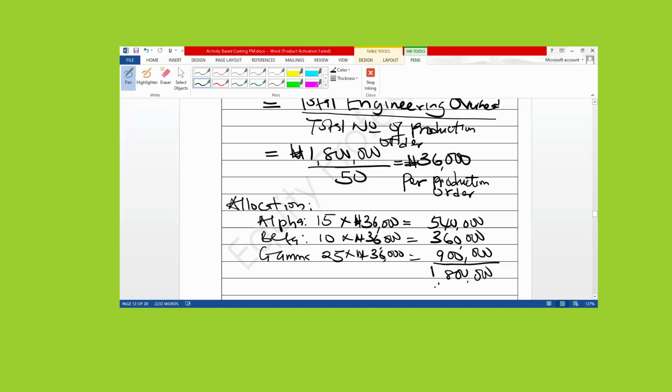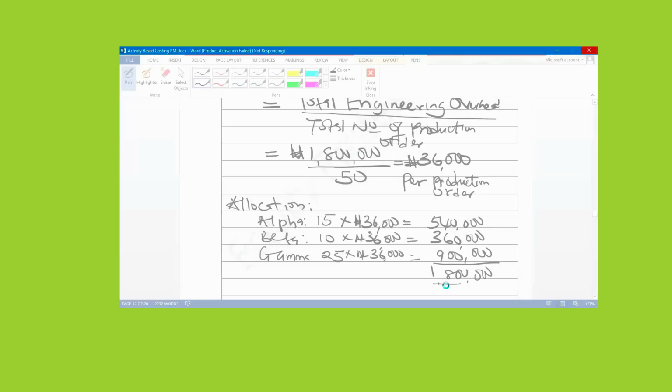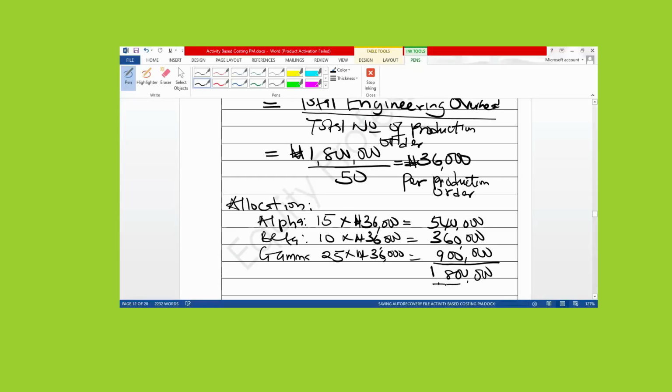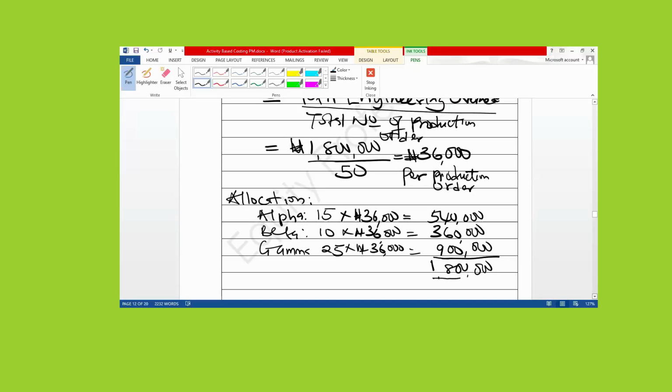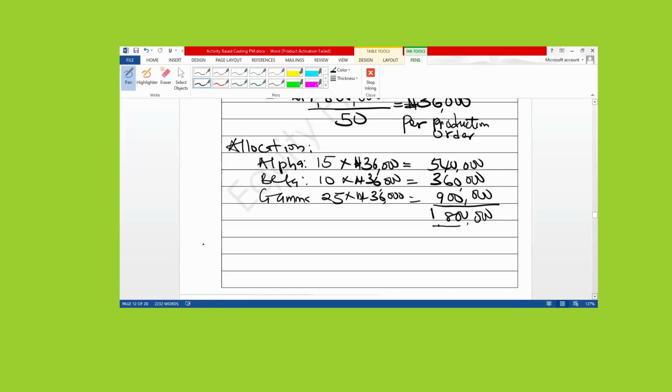You now collate your results. Look at the collation.